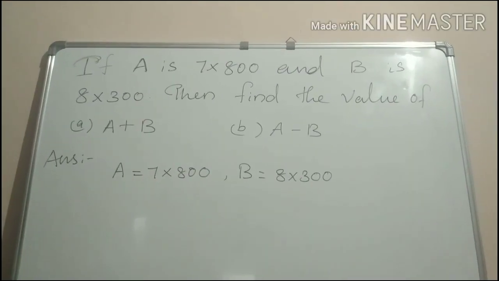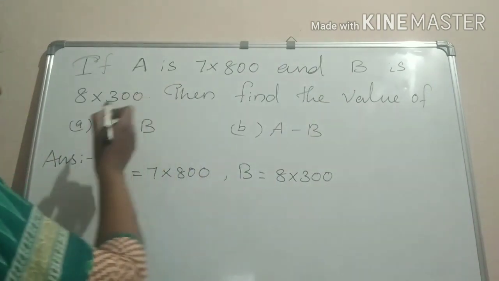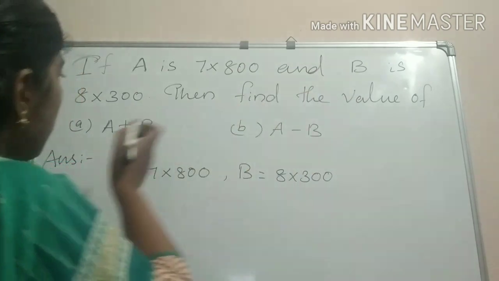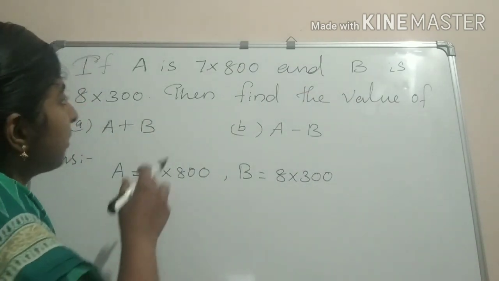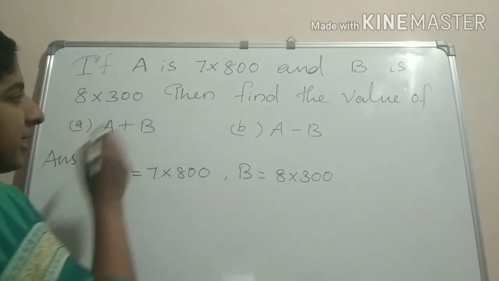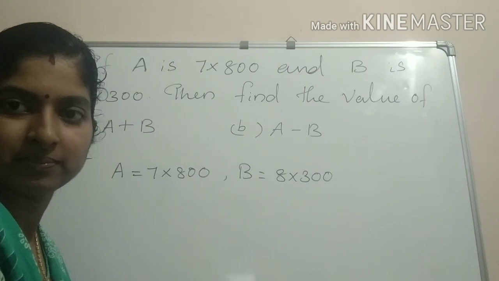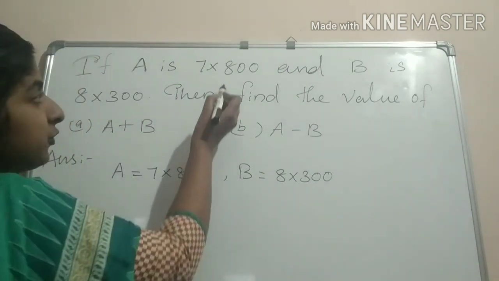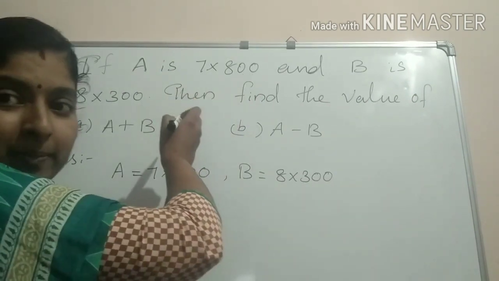So the next question. If A is 7 into 800 and B is 8 into 300, then find the value of A plus B, A minus B. So, A is given and B is given. We have to find A plus B and A minus B. Okay. First, what is A? I told you, in a number, when ending numbers are 0, how to multiply?